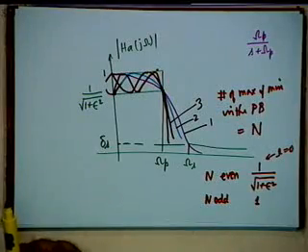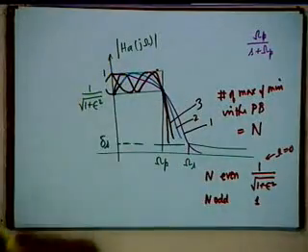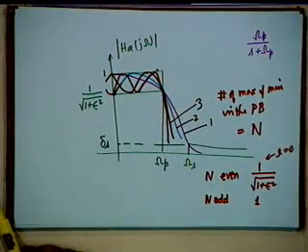Before we go to the poles, if someone asks you to find out the 3 dB frequency of a Chebyshev filter, 3 dB frequency is a very important factor in Butterworth filters. It is not so in Chebyshev. In Chebyshev, omega p and epsilon are arbitrary. Okay?